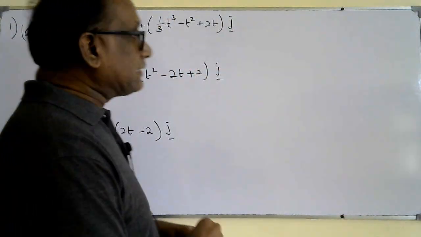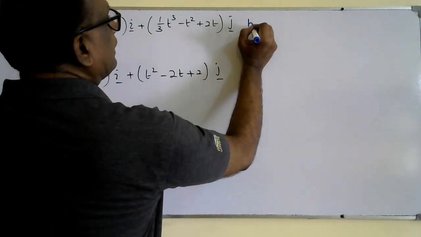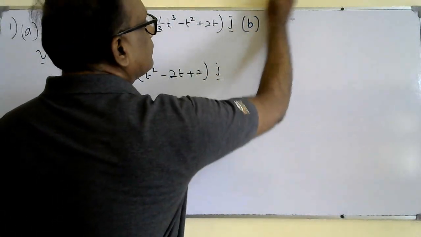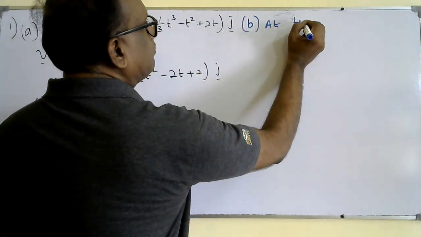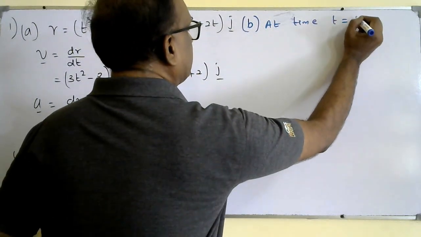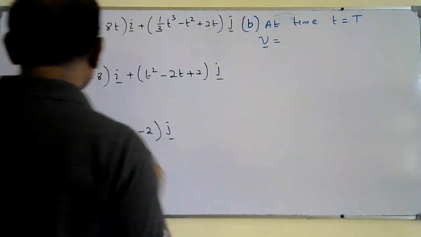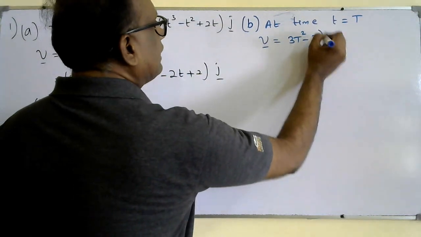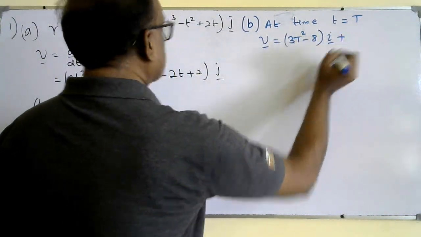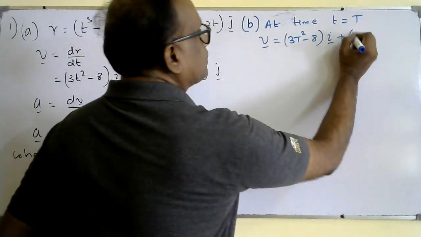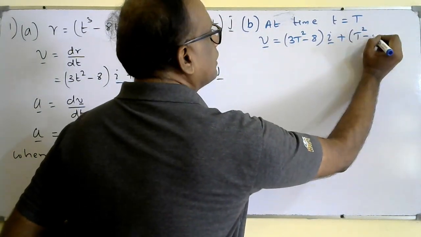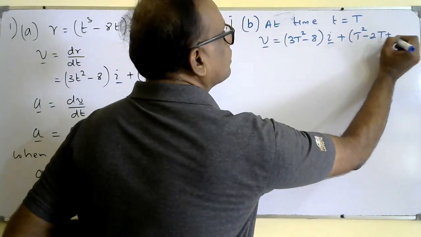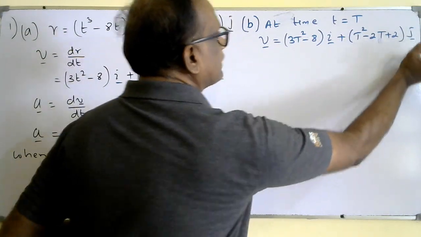So at time capital T, the velocity vector could be given as 3t squared minus 8 i plus t squared minus 2t plus 2 j.